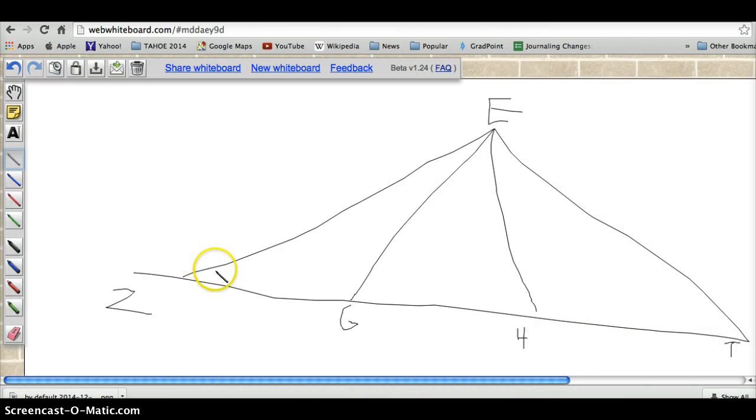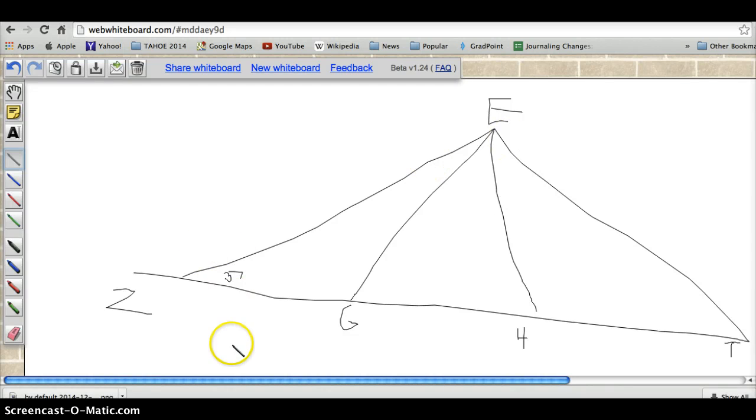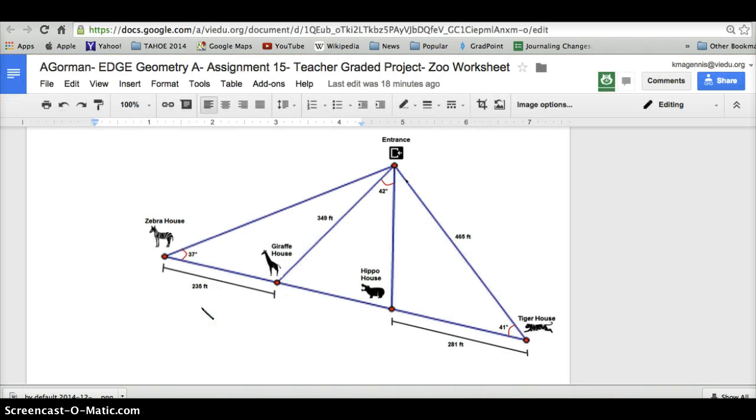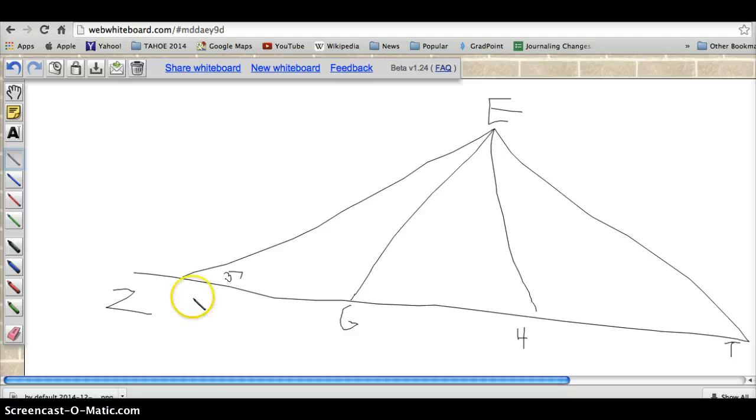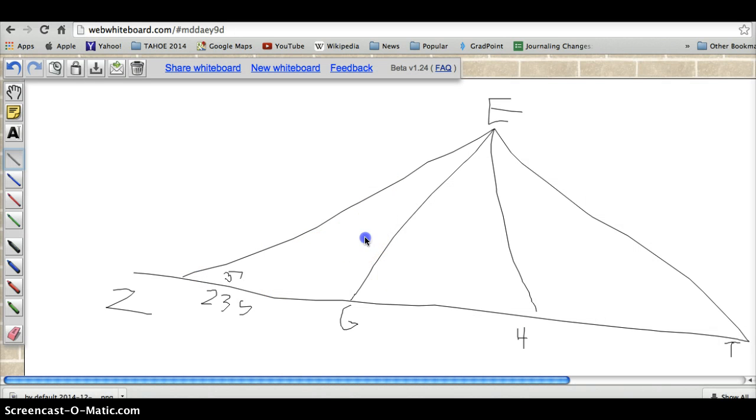And we're given some values, and then we have to find the rest. We're given that this is 37. The segment ZG is 235. And we're given that the segment GE is 349.